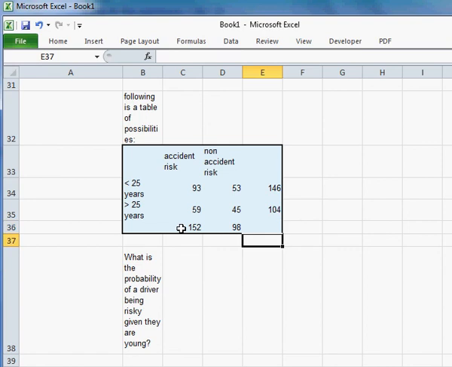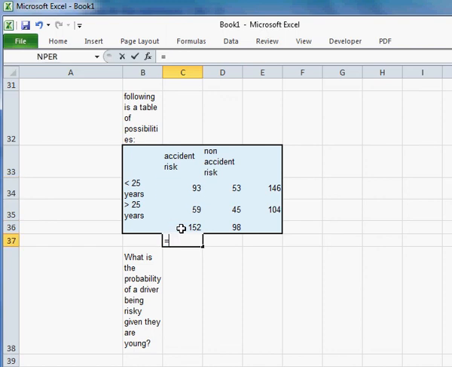So if we're assuming young, that means this is our population of interest. Right, so risky given young is the probability of risky. These are the risky ones. We've got 93 risky ones that meet this criteria, right? These 59 risky observations are not young ones. So if we're assuming young, we don't need to worry about these. We just need to worry about these.